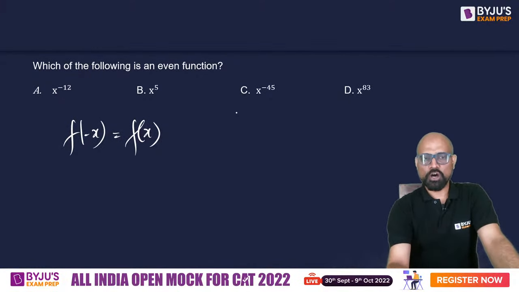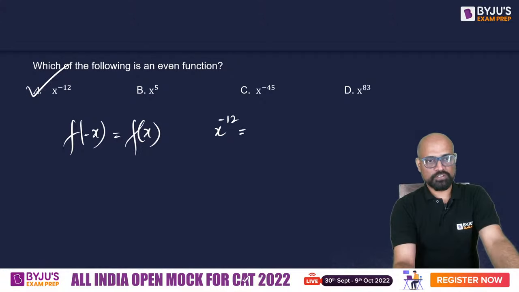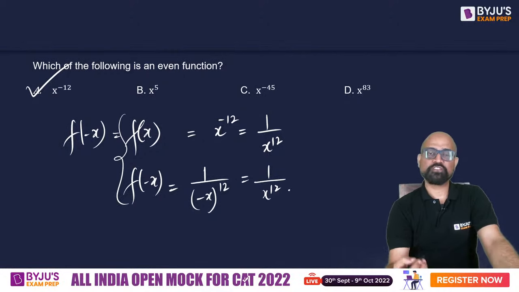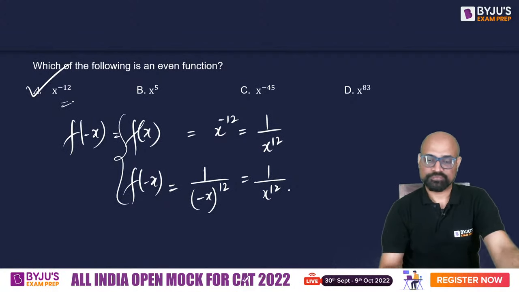So the only option where you have even powers is option A. There you go. If it is x to the power minus 12, this is nothing but 1 by x to the power 12, right? This is what f of x is. Now, if I want to find out what is f of minus x, all I have to do is instead of x, put minus x. This stays the same. So we can say that f of x and f of minus x are the same, hence it is known as an even function. So option A will make sense.